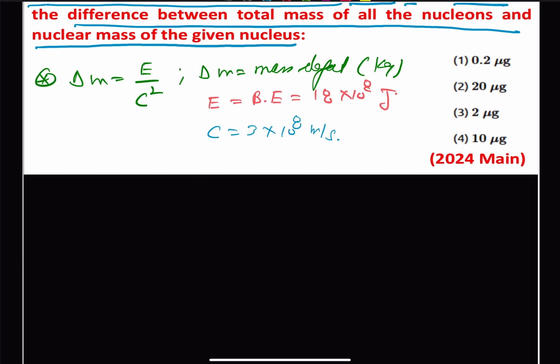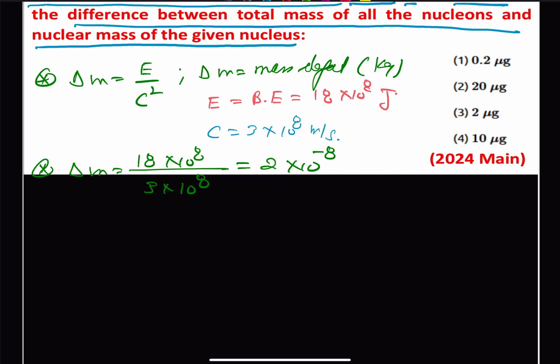So we can find out that our delta M will be equal to 18 into 10 to the power 8 divided by 3 into 10 to the power 8, and this comes as 2 into 10 to the power minus 8.